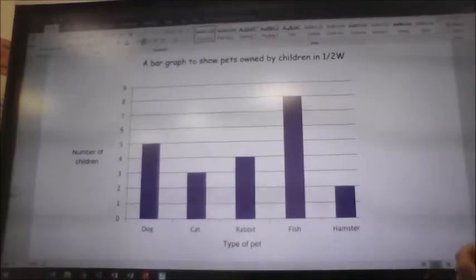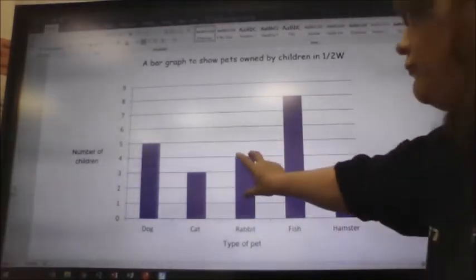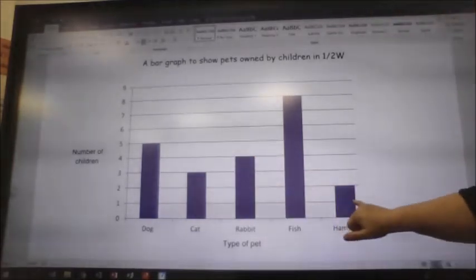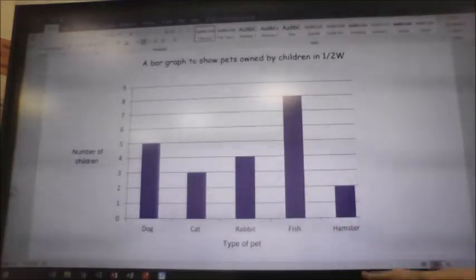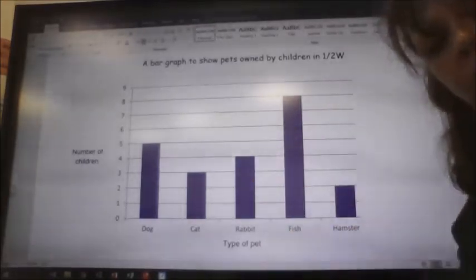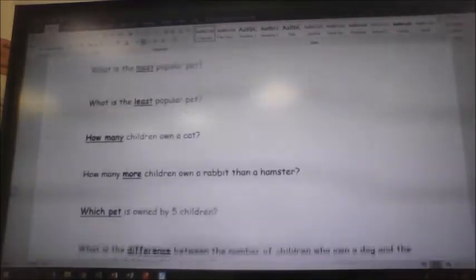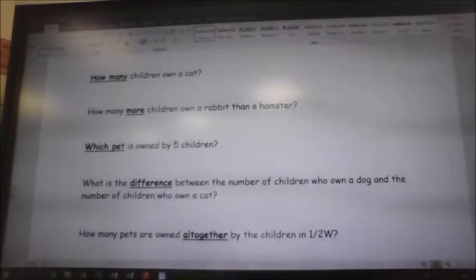So I will be calculating the difference between the rabbit, which is the bigger number, and the hamster. So 4 take away 2 is 2. So how many more children own a rabbit than a hamster? It's 2.